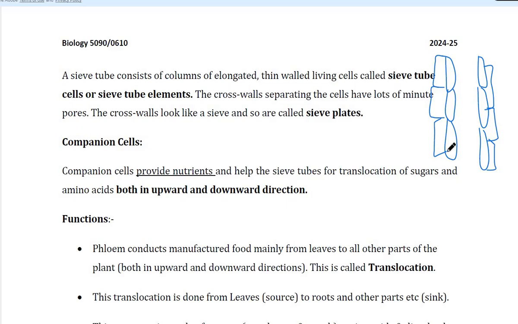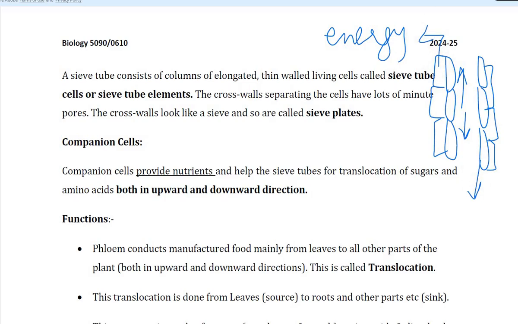Okay, sieve tubes ensure that sucrose and amino acids are moving both in upward and downward direction. And for the translocation of these substances, both in upward and downward direction, we know that energy is required. So, outside the sieve tubes, the companion cells, this energy is provided by companion cells.